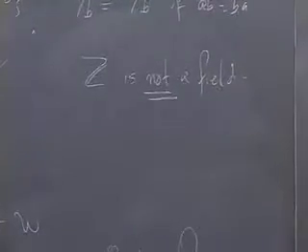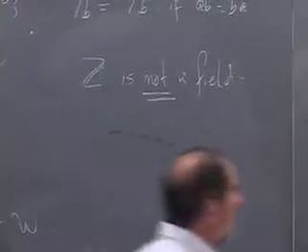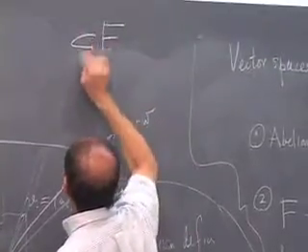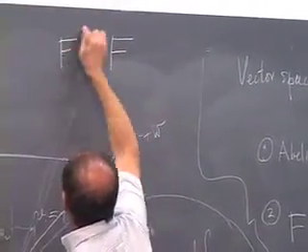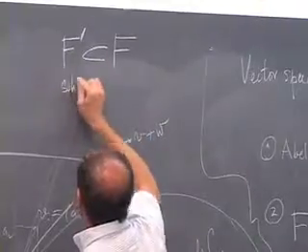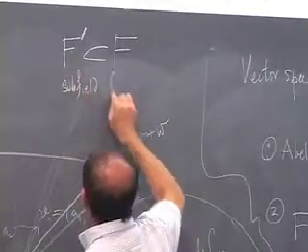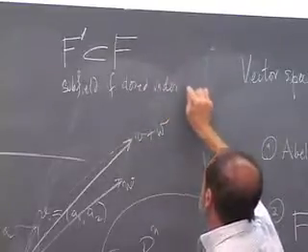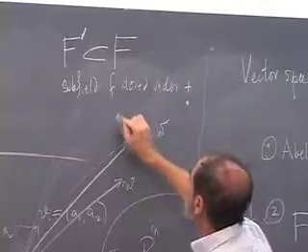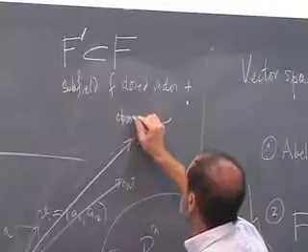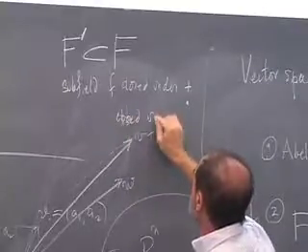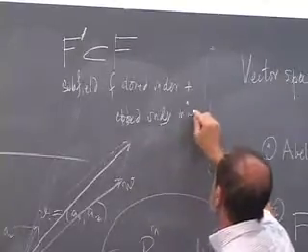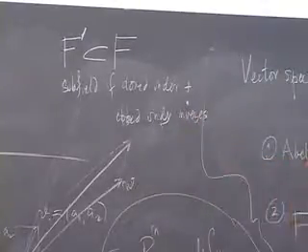Now you can talk about subfields of a field. That makes a lot of sense. So if you have one field and you have a subset of it, you'd say it's a subfield if it's closed under plus and times and closed under inverses in both groups.